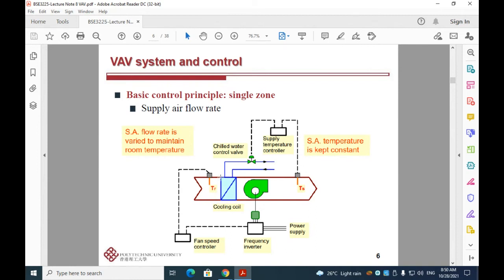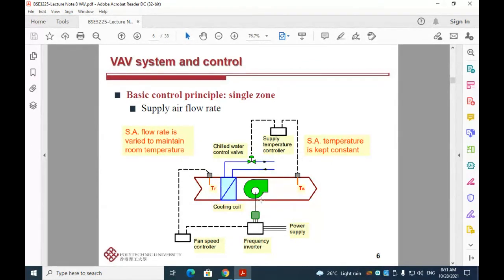And inside this cooling coil, as we have learned in, I think, lecture number 2, the moist air actually will exchange heat with the cooling coil, or more specifically, with the chilled water that's flowing through the cooling coil.